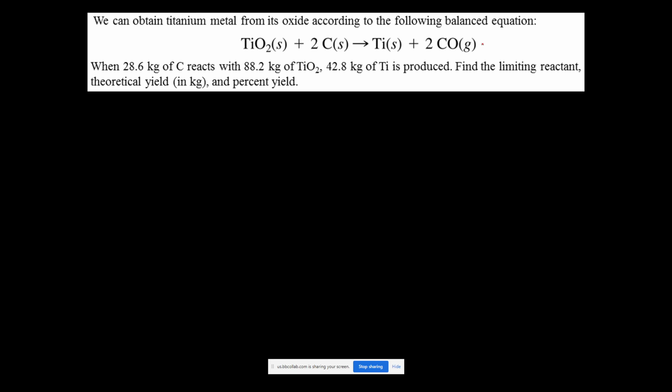But since this is an online exam and there's not really a good way for me to see everyone's work for partial credit, I tried to split the work up. So instead of having everything in one question, it's split up into multiple questions. For the questions where you're determining percent yield, I will give you all the information that you need.